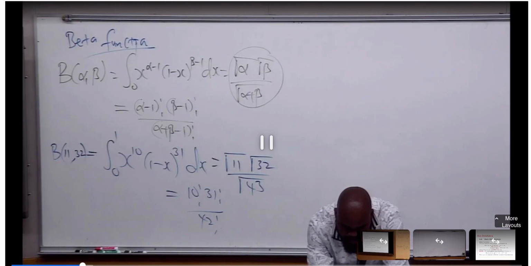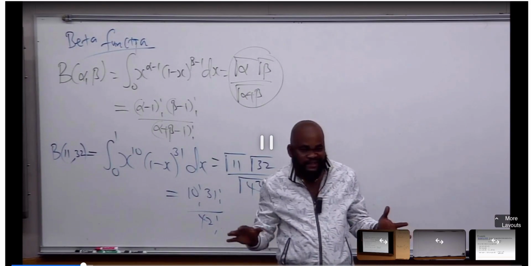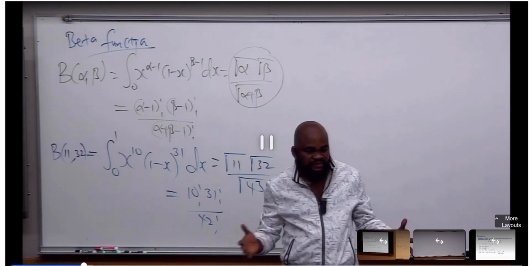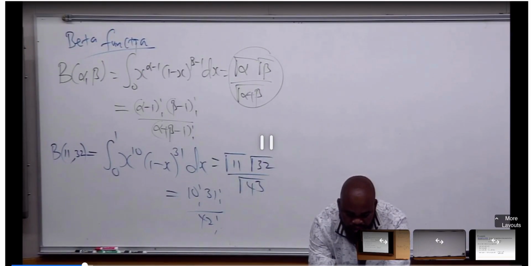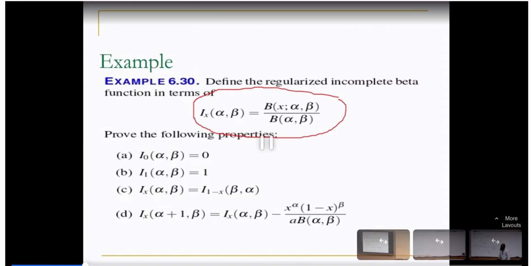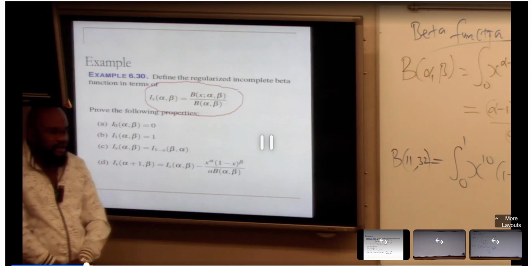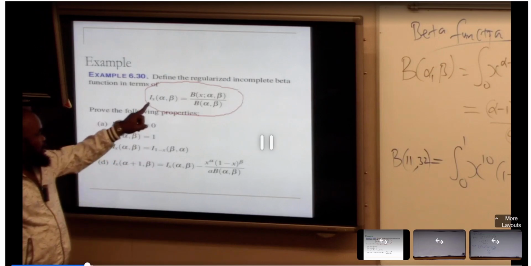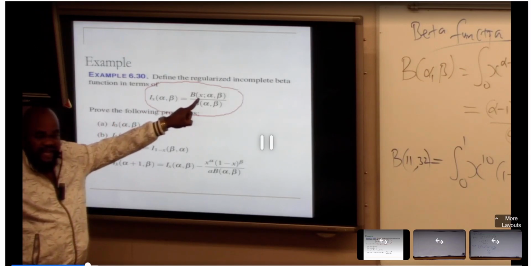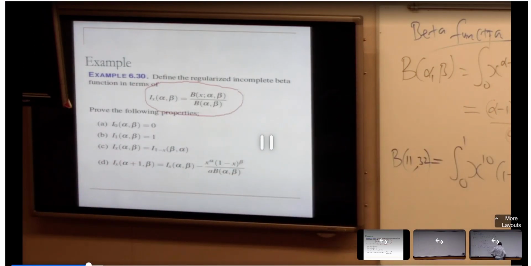Now I need you to take a look at this. We want to talk about every probability distribution as a CDF, called the cumulative distribution function. Now for the beta distribution, it has an incomplete beta function. This is the way to write a CDF for a beta distribution. If you take a look at this, it means it's terminating at x, right?